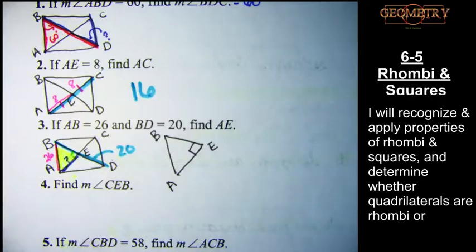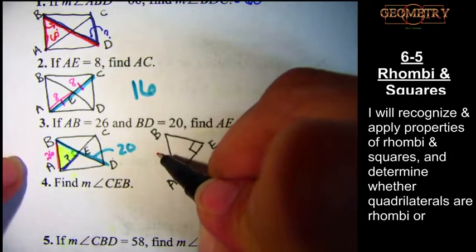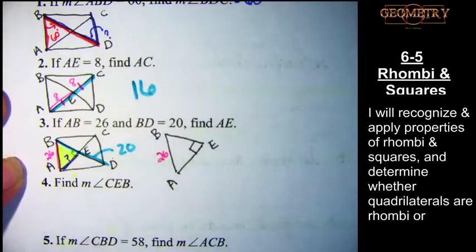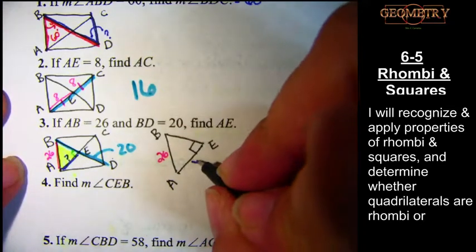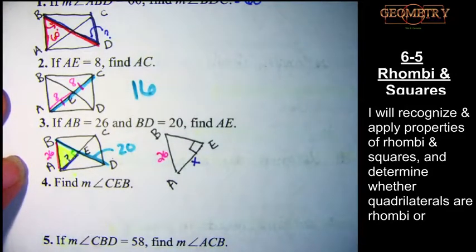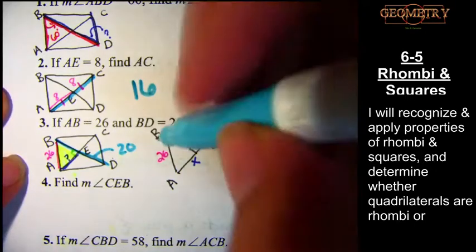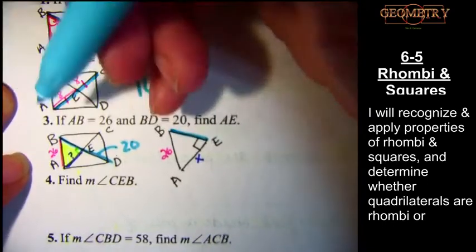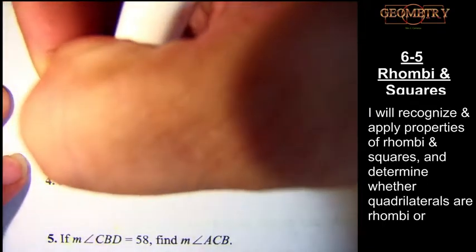Hey, focus please. Thank you. Okay, so draw your right triangle and we're going to label what we know. This is 26. This is, I don't know, so I'm going to replace it with an X. Now I need to figure out what this measure is. I'm told that all of this right here is 20.